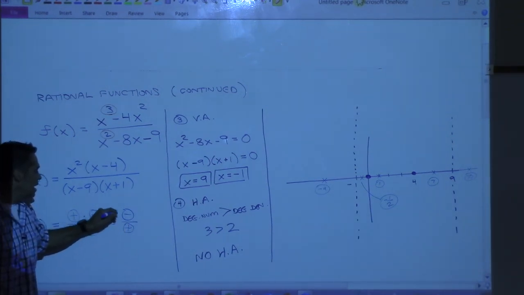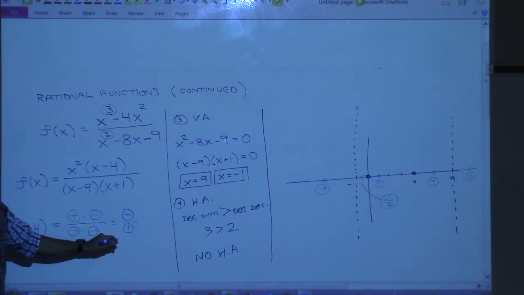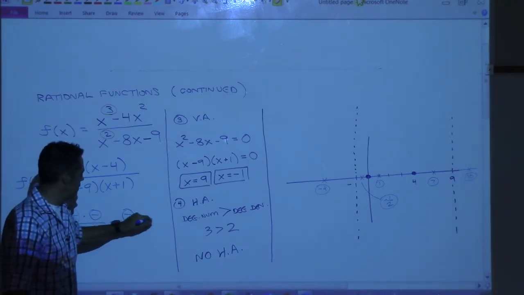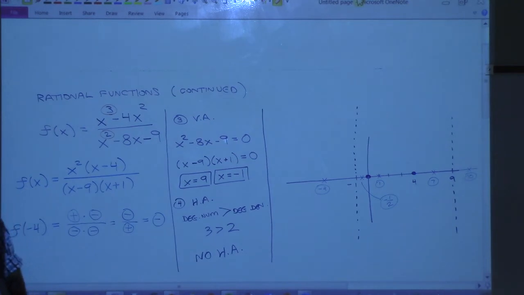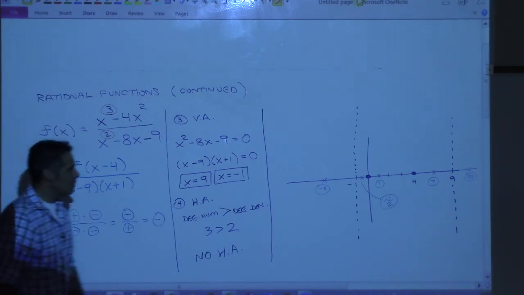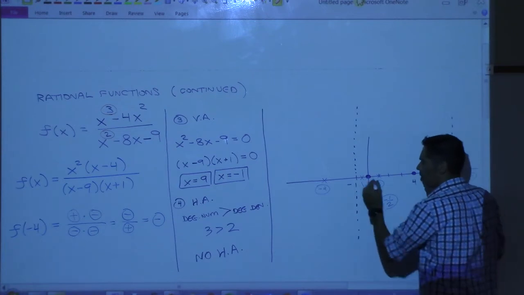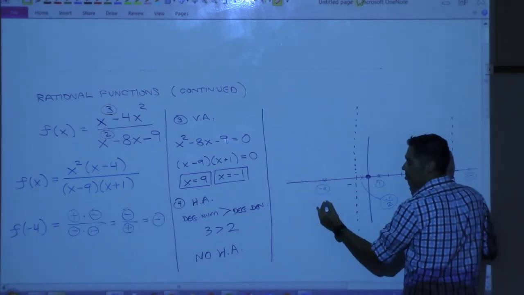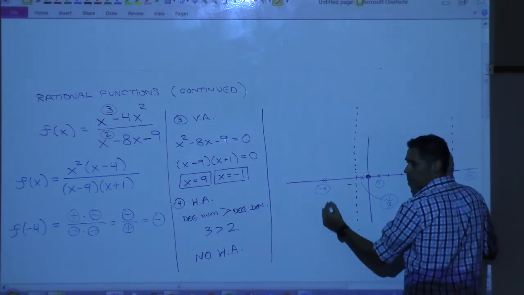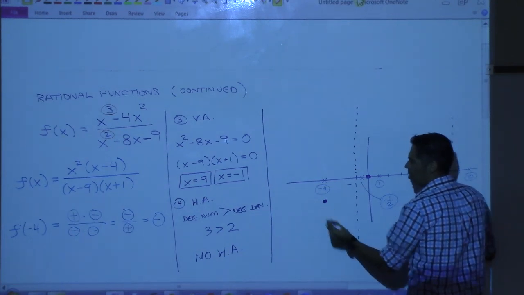And finally, a negative divided by a positive is negative. So do you see, I can do that whole thing without even typing a single number into my calculator. But I can't tell you what the number is, but I can tell you it's negative. Do y'all see how that's a little faster? Sure? So at -4, what am I going to do? At -4, go down, put a dot. How far down? Up to you. Okay, there.